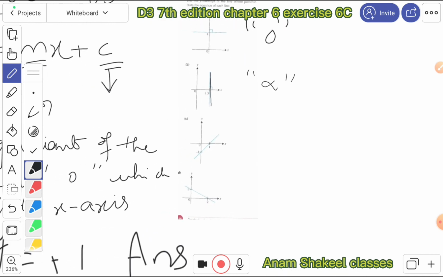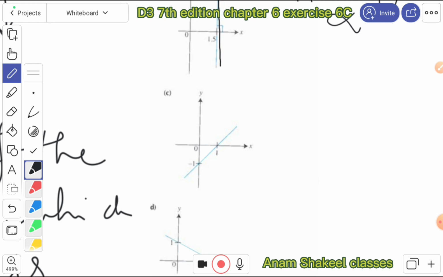Now you can see that in this part we have 2 points: one is at -1 of y, where x is 0, and the other point is 1 of x and 0 of y. Alright, we have 2 points of this line which are marked in the graph.